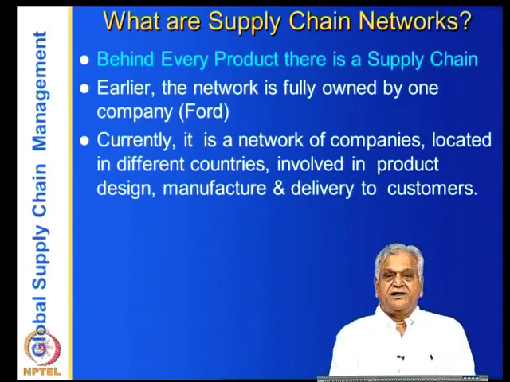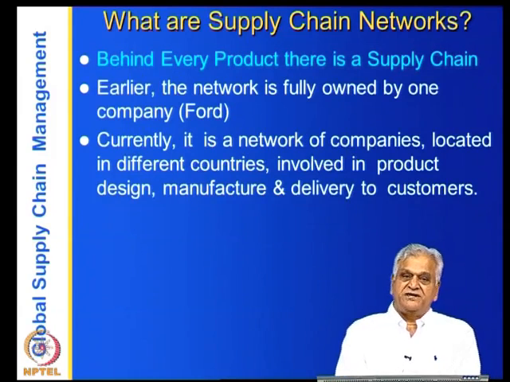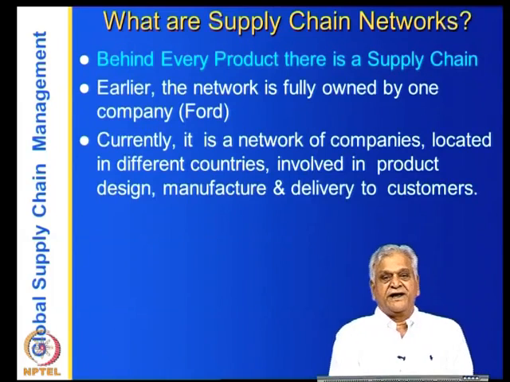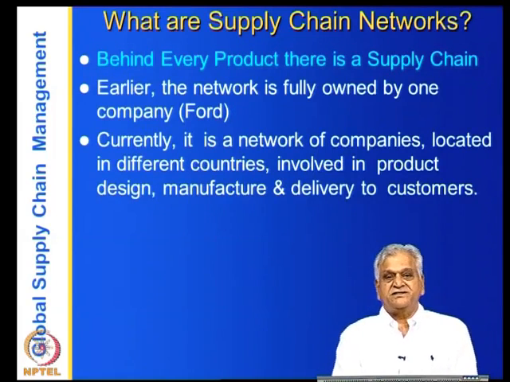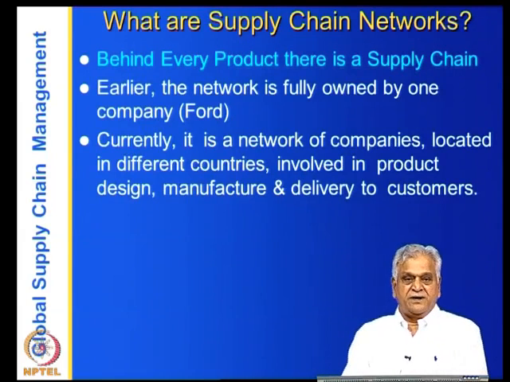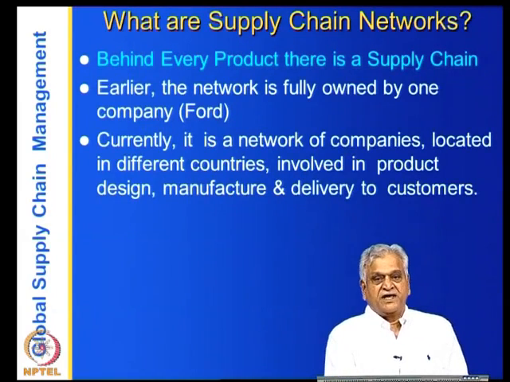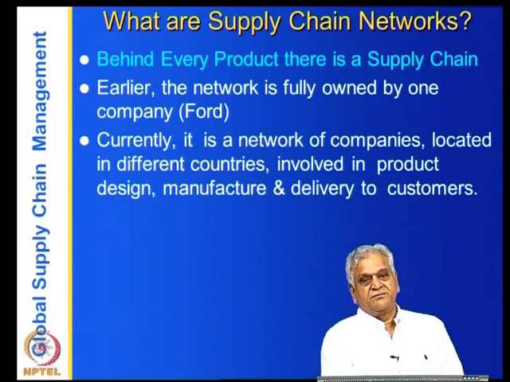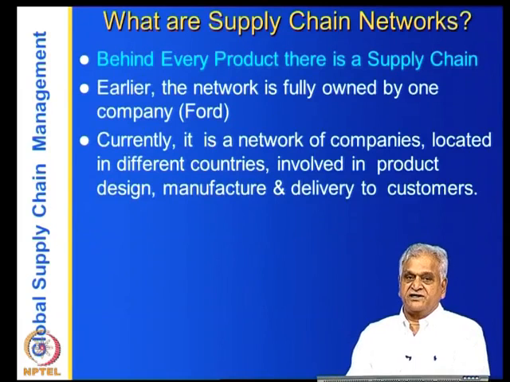But currently, the supply chain is not owned by one single person, but it is a network of companies. But these companies need not have to be in the same country, need not have to be speaking the same language, but they're all involved in the product design, manufacture, and delivery to the customers.